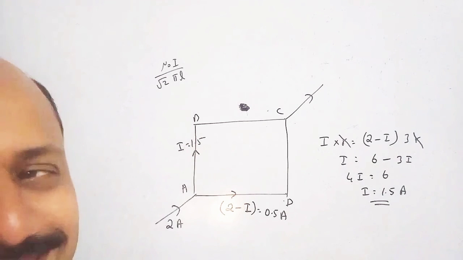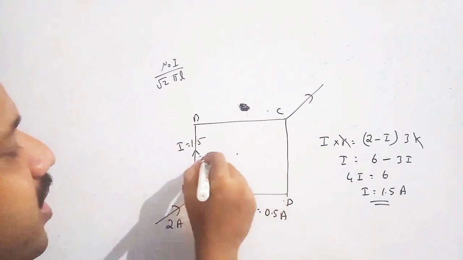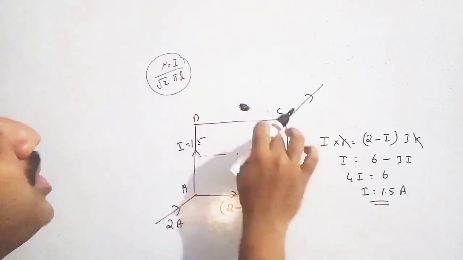Now look, this is one wire, the same thing we took. The magnetic field due to this wire is also the same.